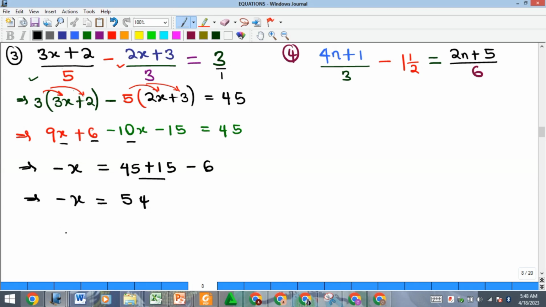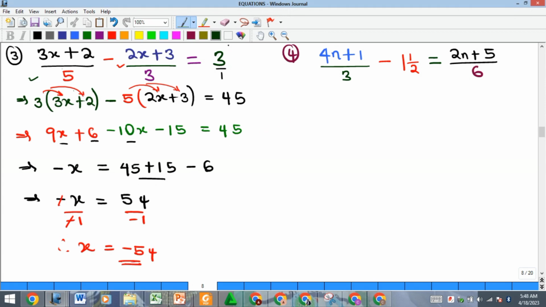So to get our x, we just divide both sides by negative 1. So if we divide both sides by minus 1, this minus will cancel, and x over 1 is x, which is equal to minus 1 dividing 54 will give us minus 54, and that is the value of our x.